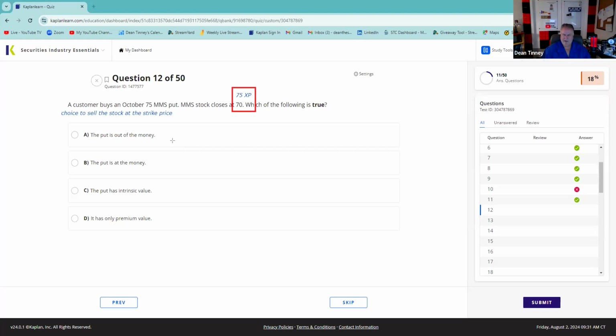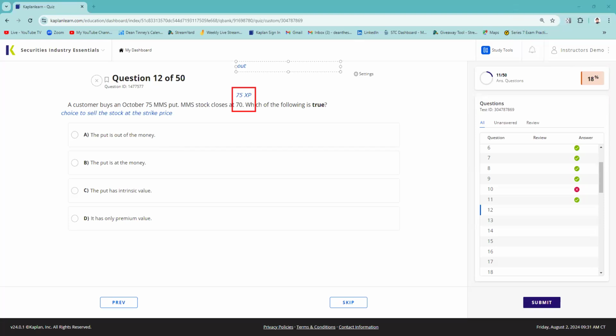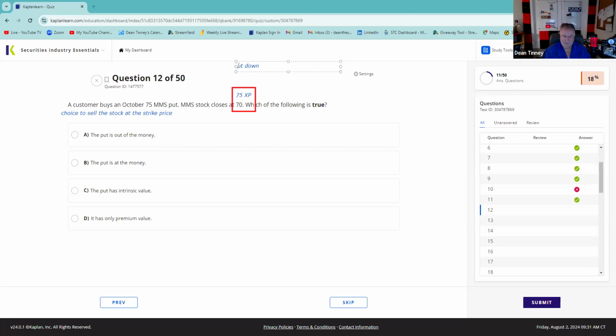It has intrinsic value. I think a good memory aid for this is put down. If the market price is down from the strike price, the contract is in the money, it has intrinsic value.